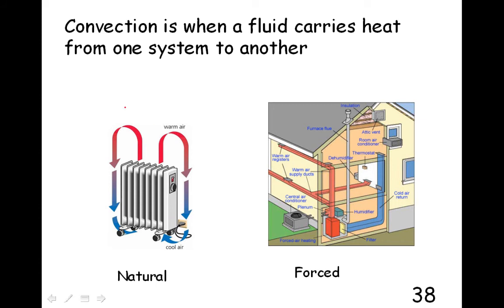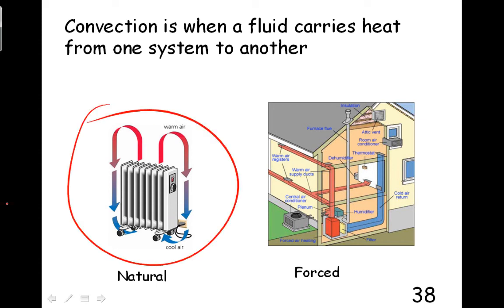This convection heater is using a natural convection current, where the heater is heating these fins and the air naturally rises through that because hot air rises, and then the colder air in the room comes down here and comes up here.